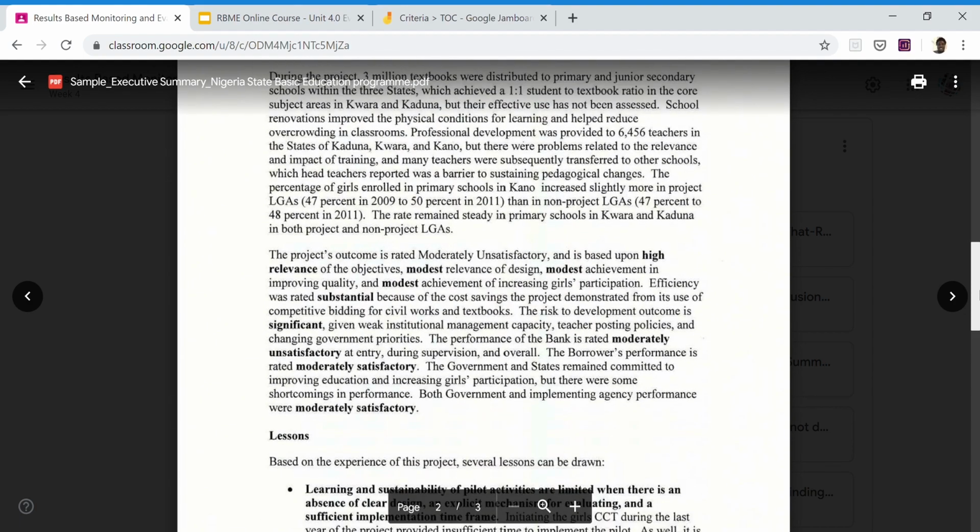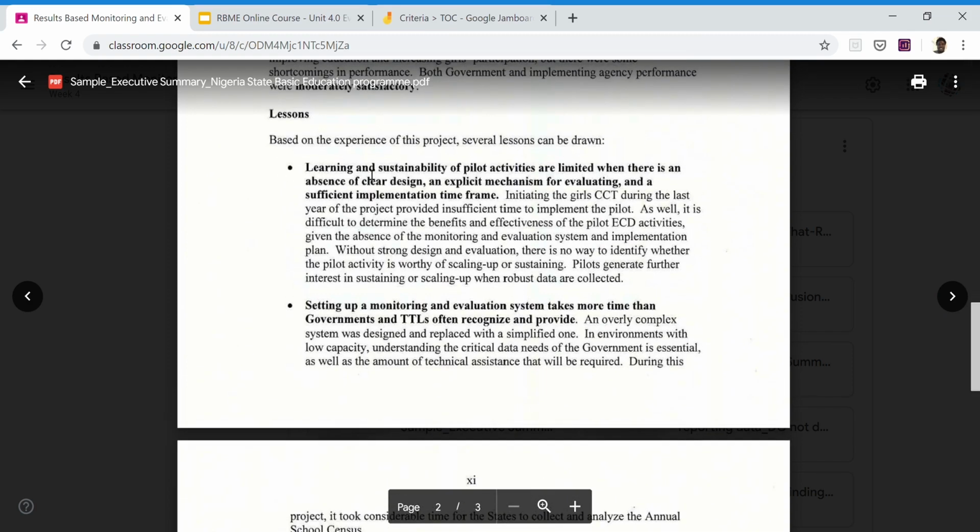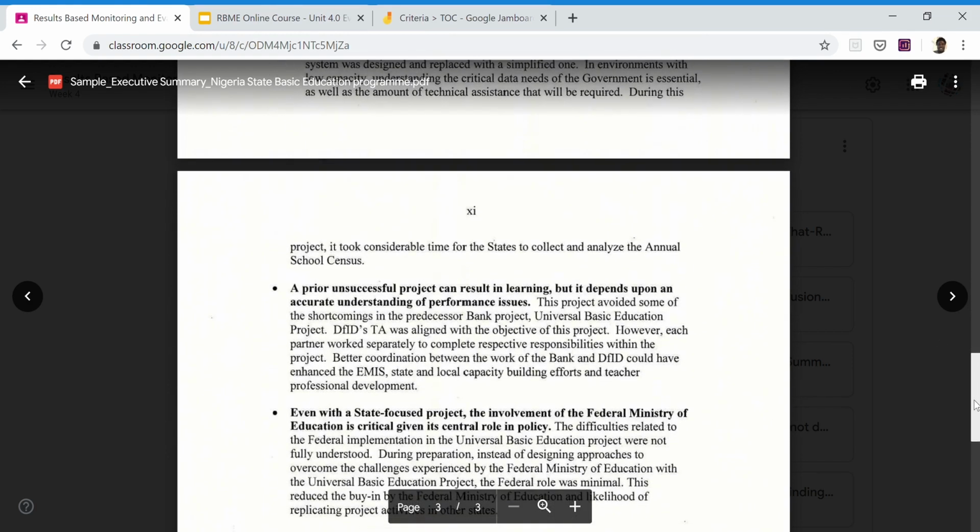Then the findings, the methodology that was used, and these are the recommendations, although this was coined as lessons, which has the recommendation. So this is important.